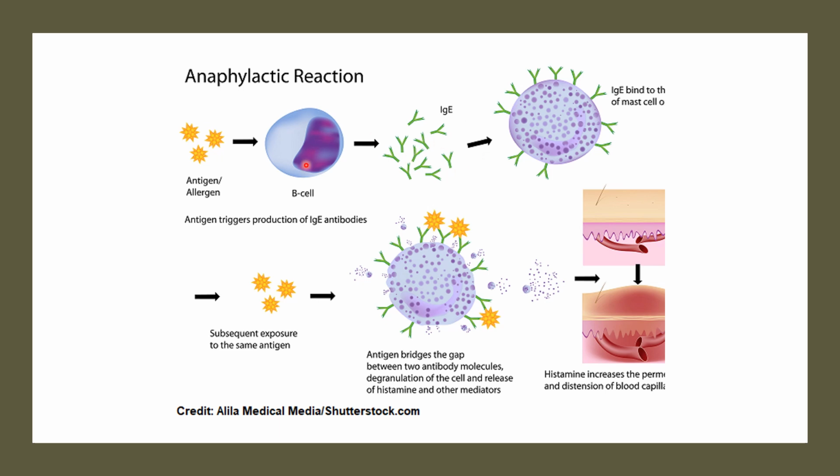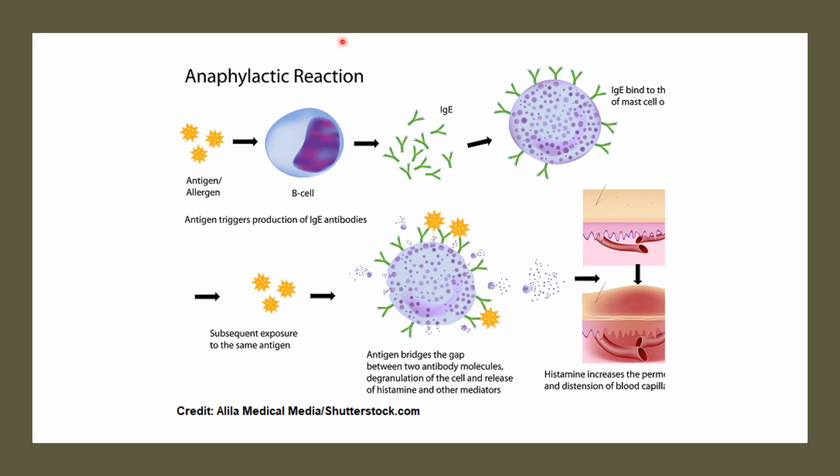Here we have the B cells that have now produced the antibody IgE in response to the presence of the antigen, which is an allergen. After the B cells produce the IgE, the IgE will bind to the mast cell or the basophil.